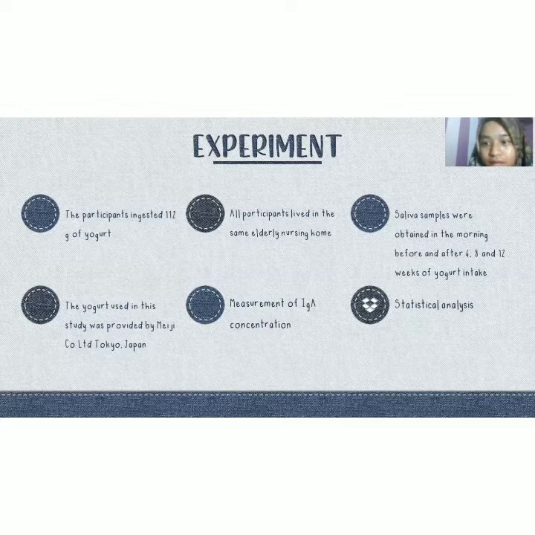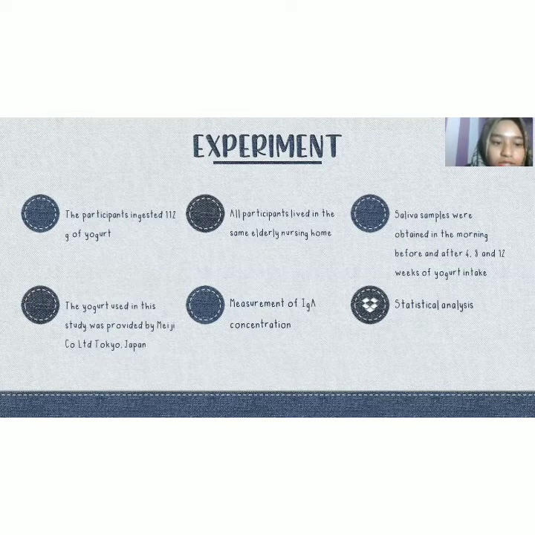And then next, statistical analysis. All statistical analyses were performed using JMP version 12 software, and the results are expressed as the mean and standard error, or SE. The statistical analysis for difference in the body weight and body mass index, or BMI, before and after 12 weeks of yogurt intake was performed using Welch t-test.